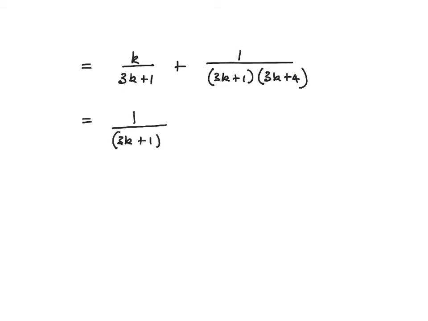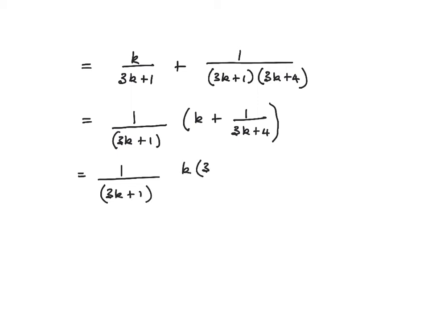And that leaves me with k plus 1 over 3k plus 4. So what I'm going to do then is write this as k times 3k plus 4 plus 1 over 3k plus 4.